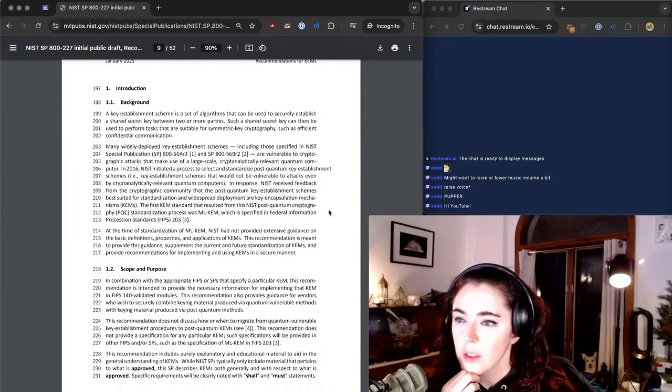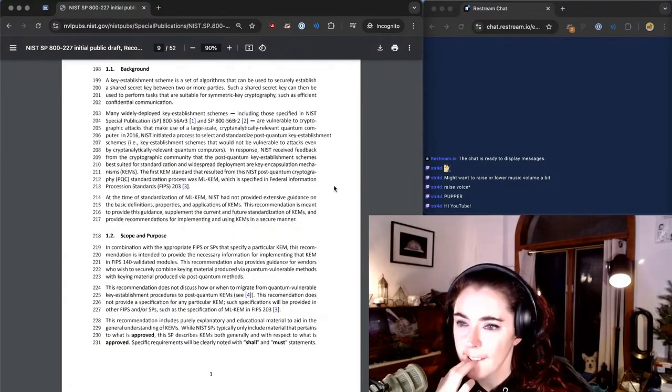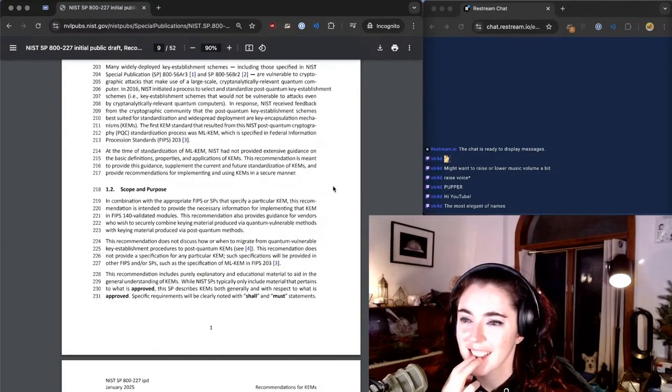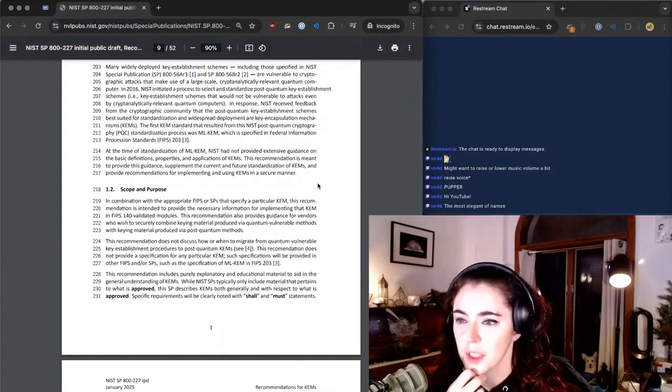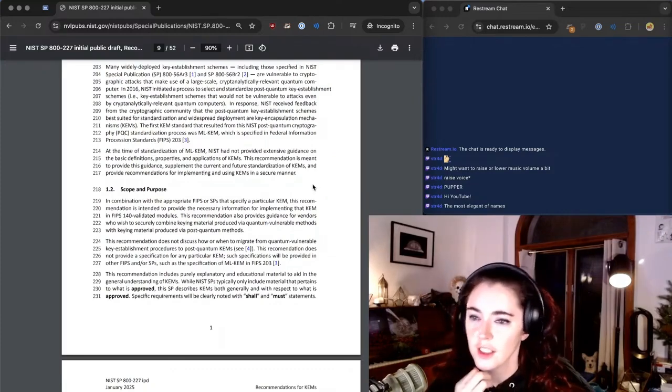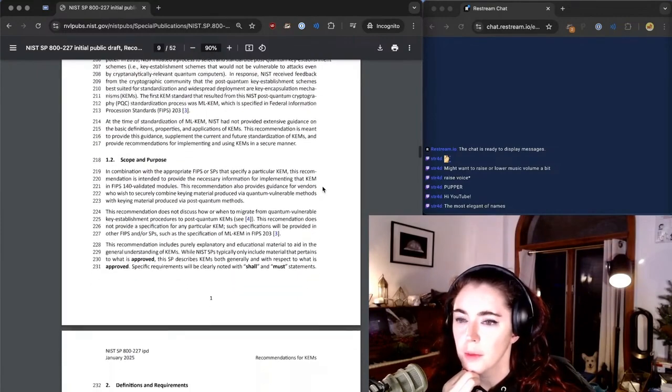Okay. Establishment. Yeah, SP 800-56 Rev 2. Yeah, post-quantum. Yeah, key encapsulation, not to be confused with key establishment, not to be confused with key exchange. Words are hard. Yep, KEM.